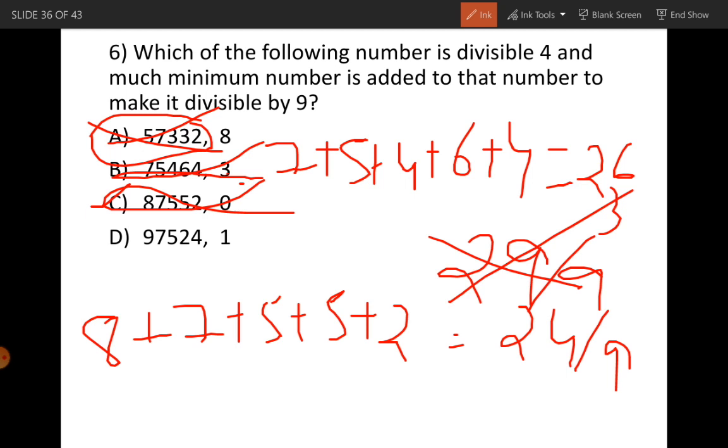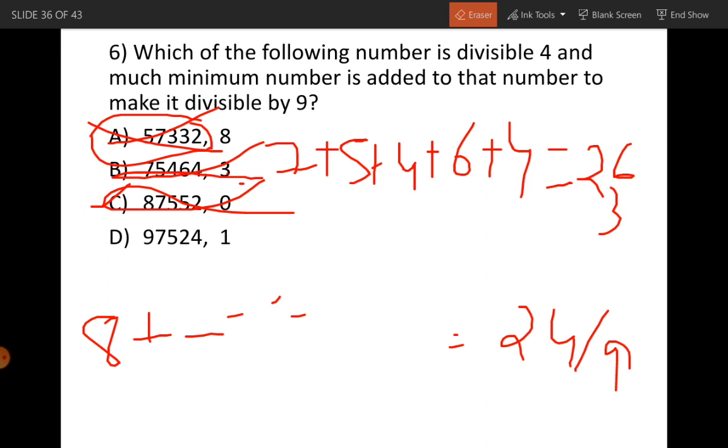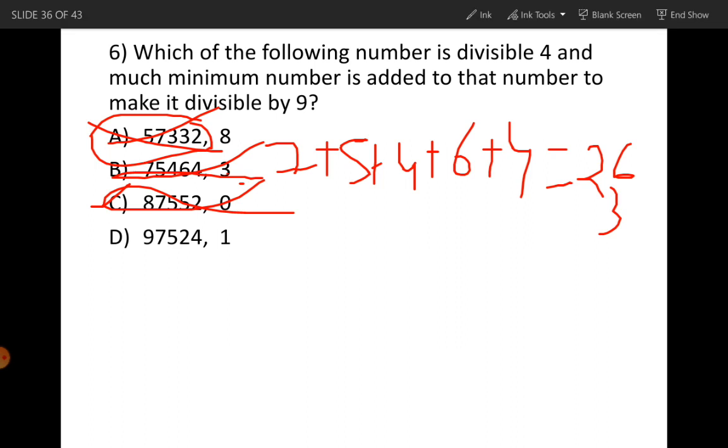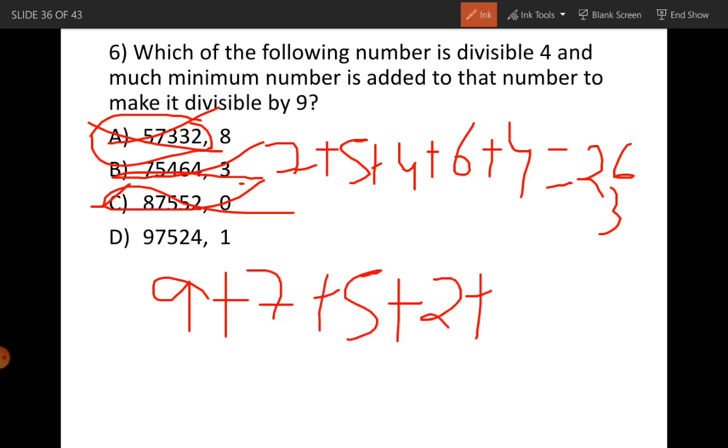And next is 9 plus 7 plus 5 plus 2 plus 4.